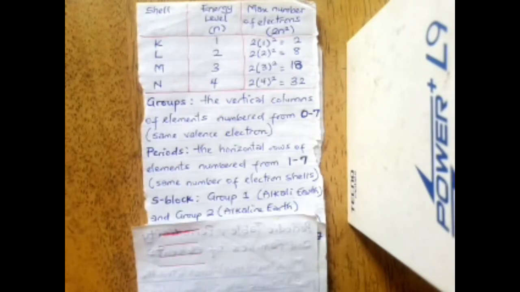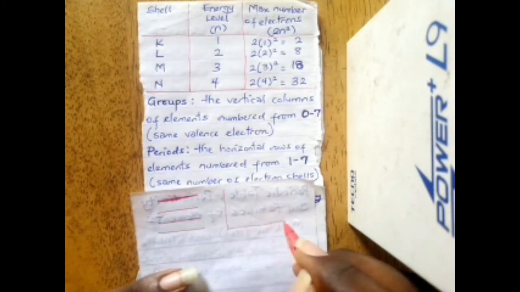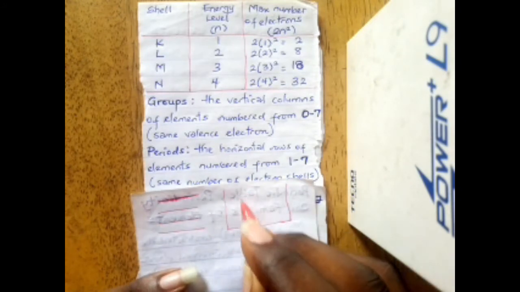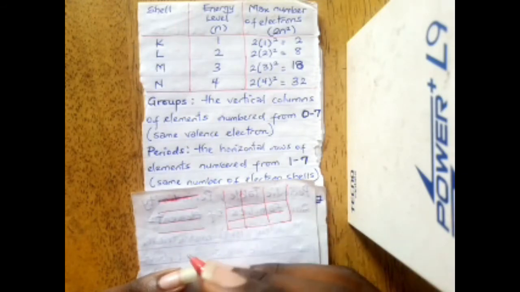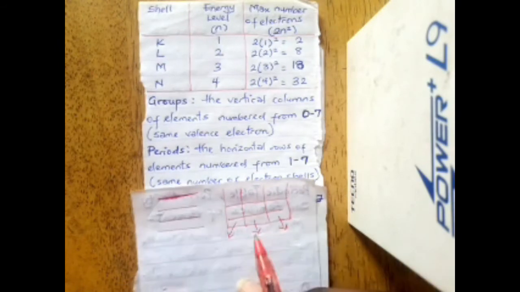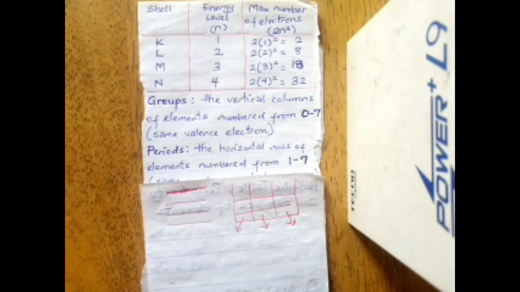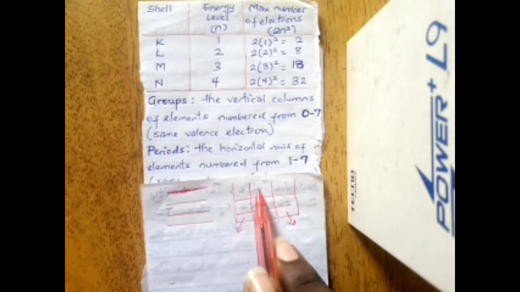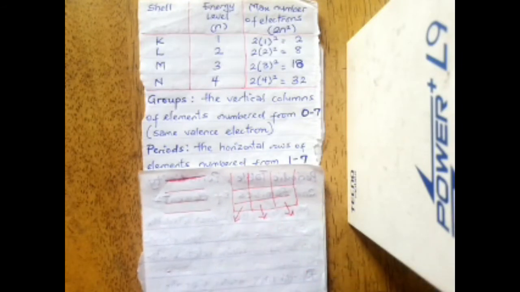And when we are talking about groups now, you have a typical periodic table, something like this. And the vertical columns, these are the vertical columns. I'll be showing us a periodic table, but I just want to analyze simply first. So these are the vertical columns, the ones which are running downwards from top to bottom.